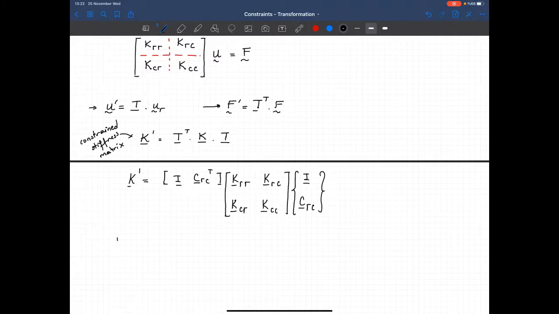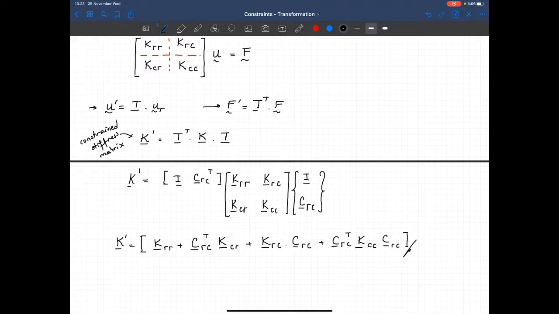So at the end of the day, my constraint matrix will have the following form: KRR plus CRC transpose multiplied by KCR plus KRC multiplied by CRC plus CRC transpose KCC multiplied by CRC.